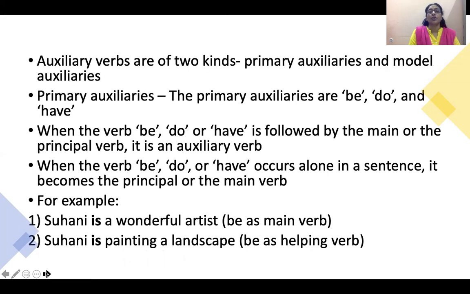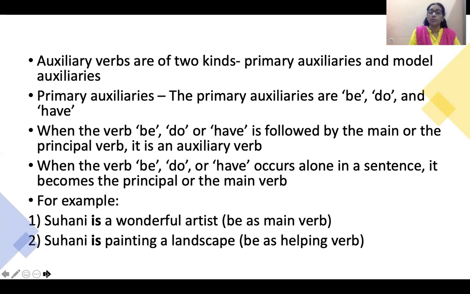Auxiliary verbs are of two kinds. They are primary auxiliaries and modal auxiliaries. Primary auxiliaries. The primary auxiliaries are be, do, and have.